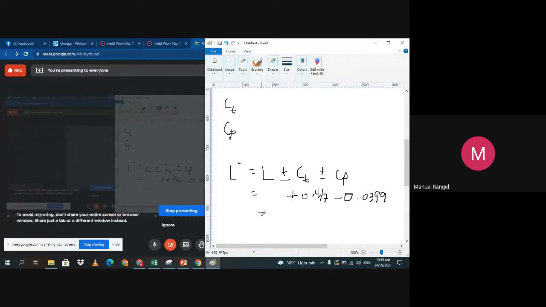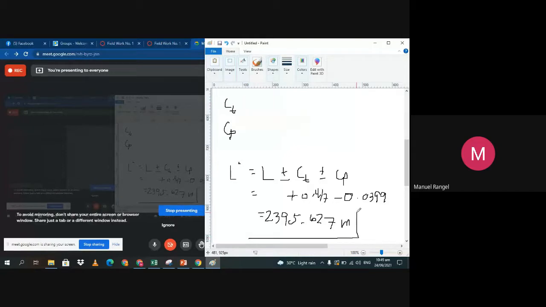So the value is 2395.25 plus 0.417, the value is 2395.627 meters.